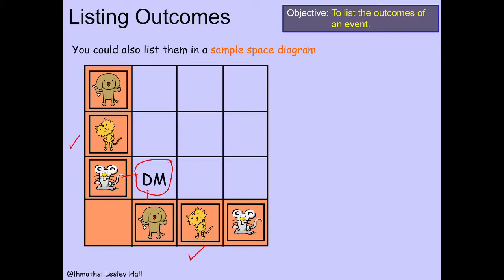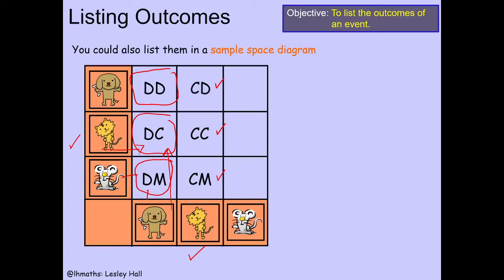What about this box over here, section Ruby? What are you going to write here? Okay, that's a dog and a cat. So DC. What about this one over here? That's a dog and a dog. That's correct. What about this one? Cat, mouse. Correct. What about this one over here? Cat and a cat. What about this one?